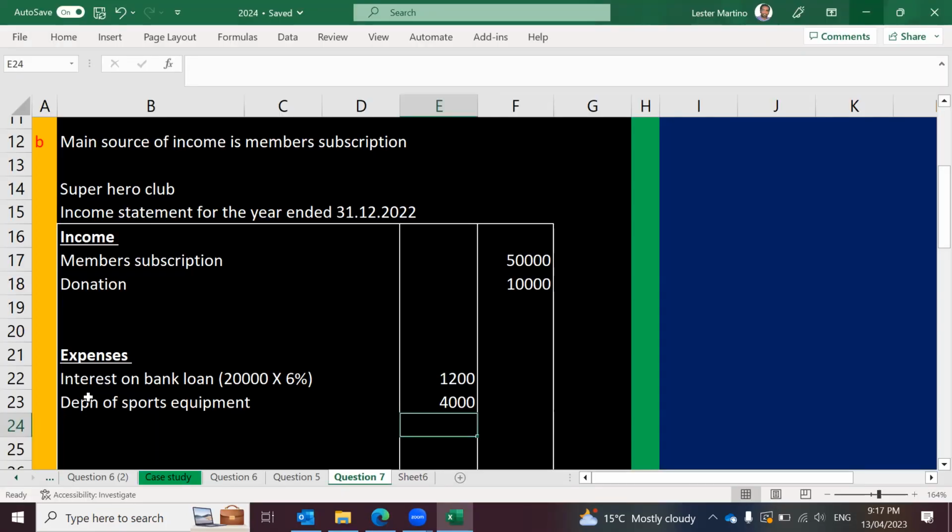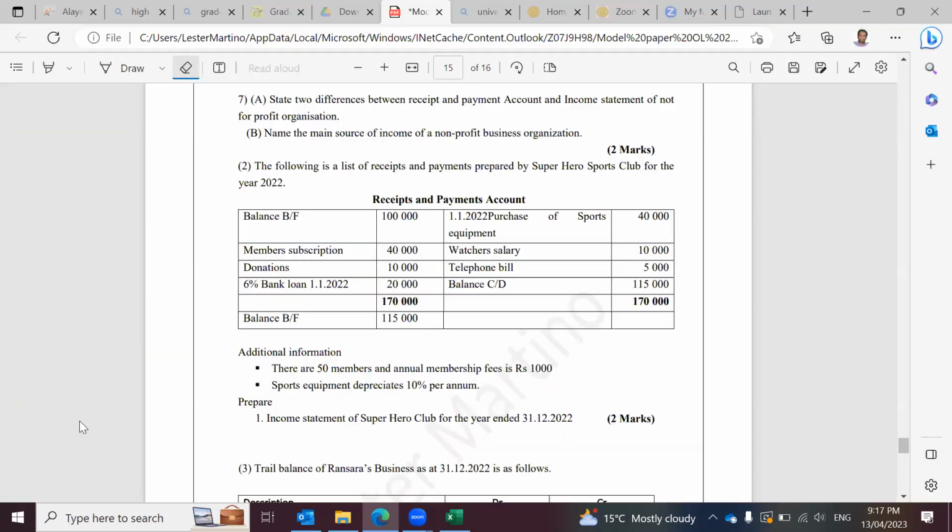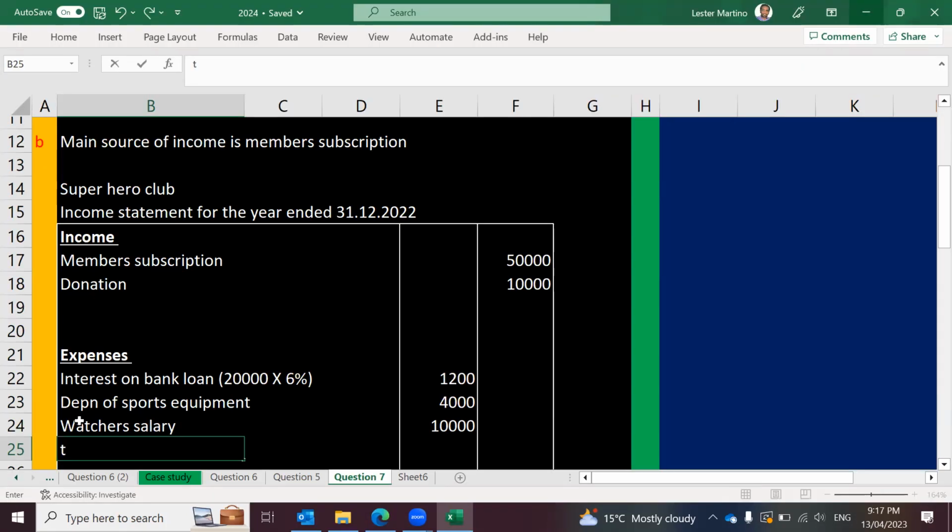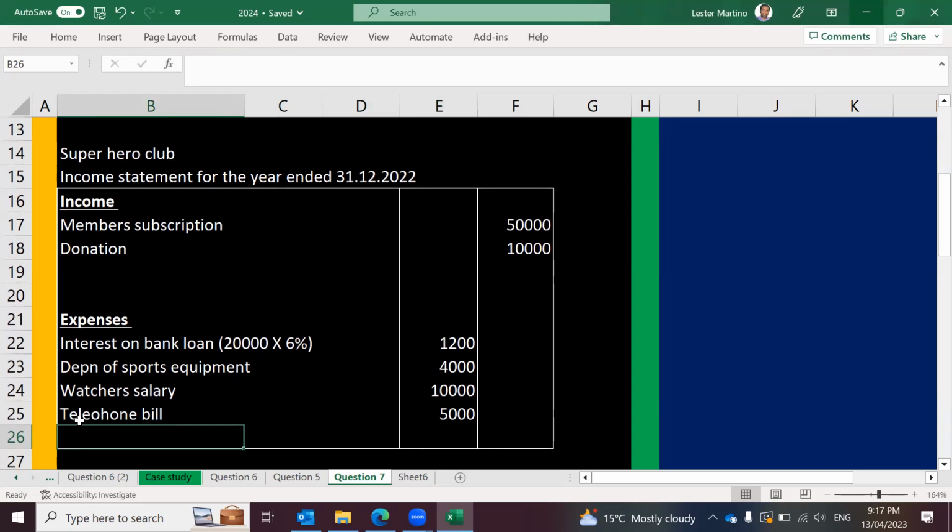Watcher's salary, 10,000. Telephone bill, 5,000. So take the total here.